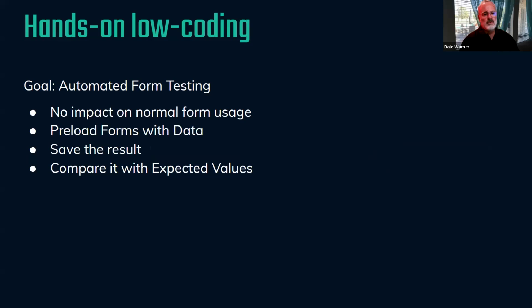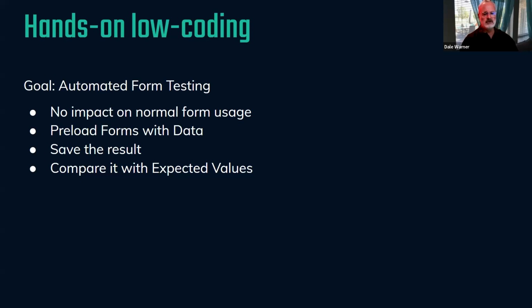So that's the big picture of what we're going to accomplish. Thinking about the goal for automated form testing, the first thing I wanted to do is set up something so that it would have no impact on the normal form usage. You could be using this to test a production form, and you don't want to drag down that form or have it be visible at all to your users.